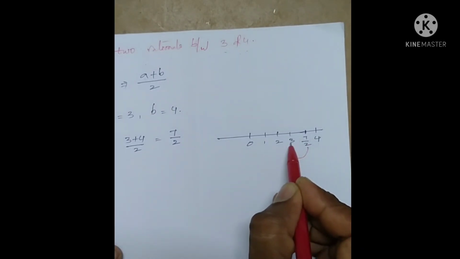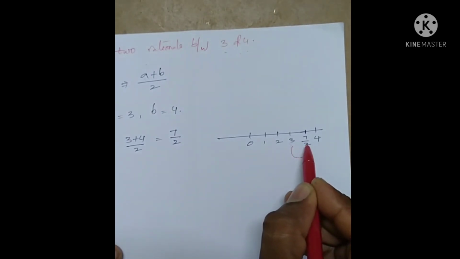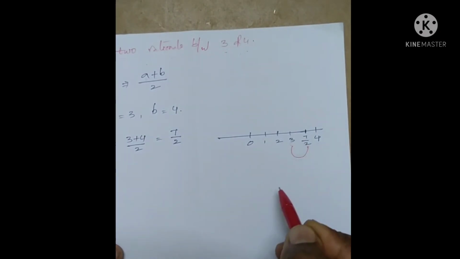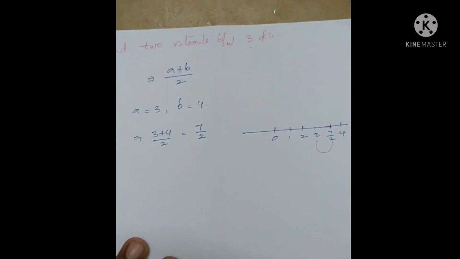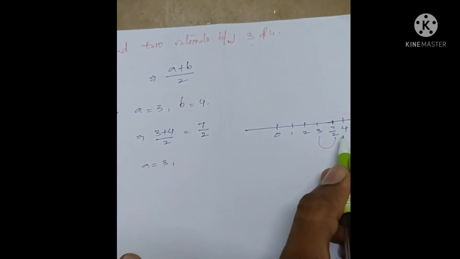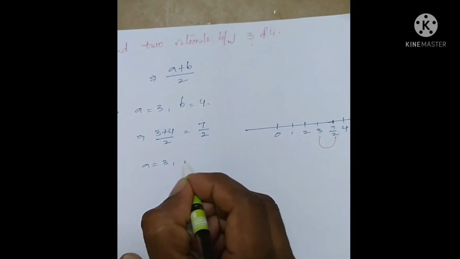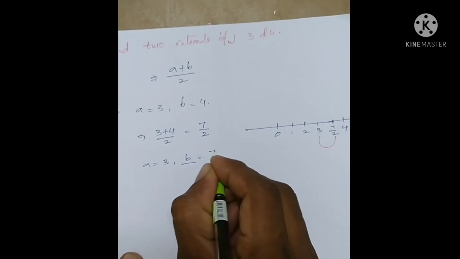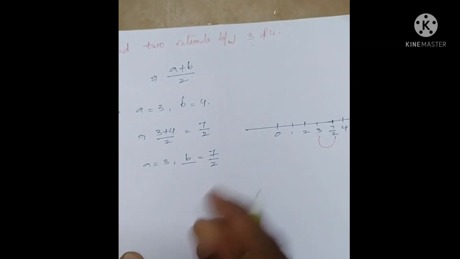So it is (3 plus 7 by 2) again by 2. Our formula: a is equal to 3 and b is equal to 7 by 2.